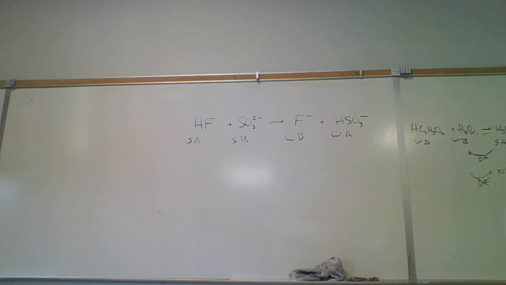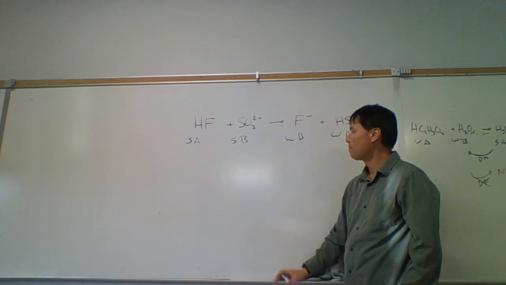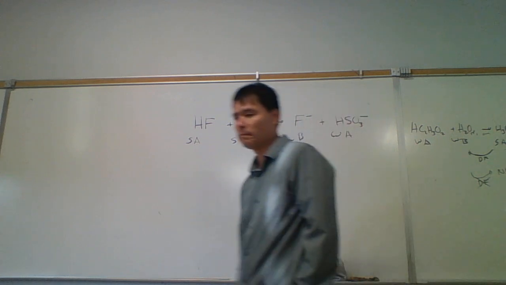See that? Because they're connected. HSO3 minus goes to SO3 2 minus, HF goes to F minus. So it's going to be flipped. So strong, strong to weak, weak. Is this downhill or uphill? This is downhill, so we've got a driving force for this. So this reaction should occur.